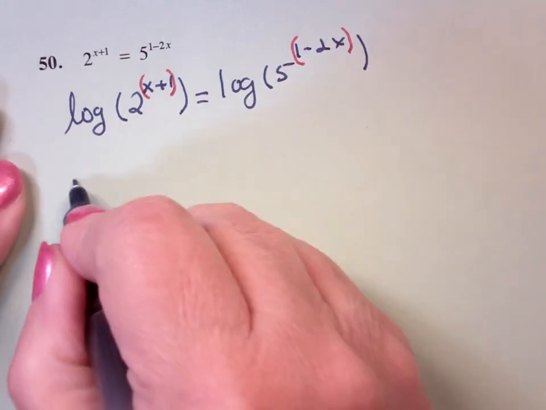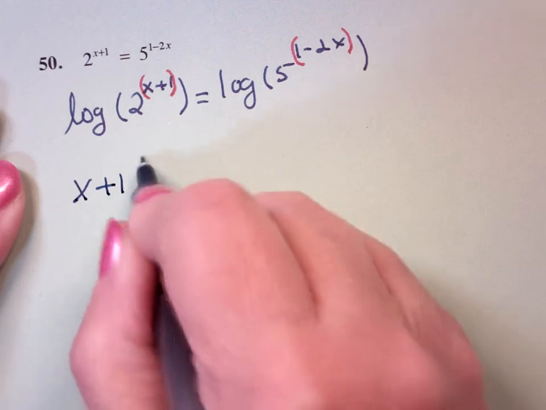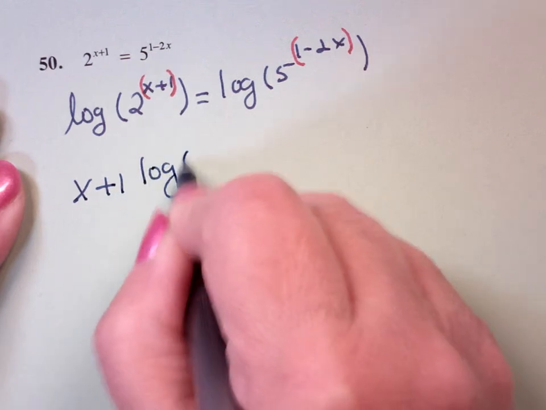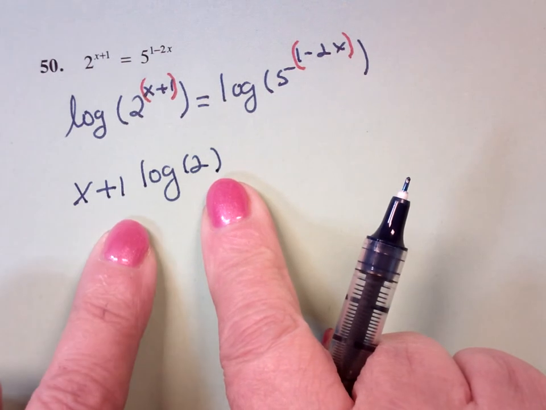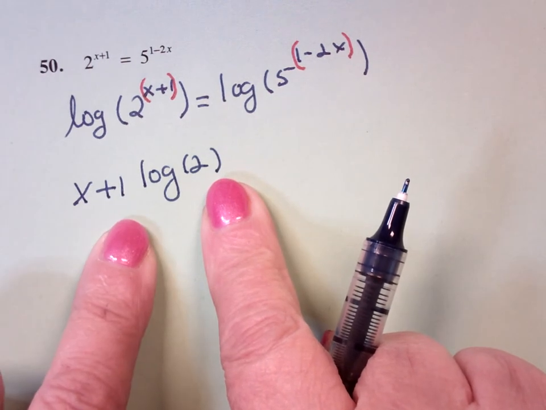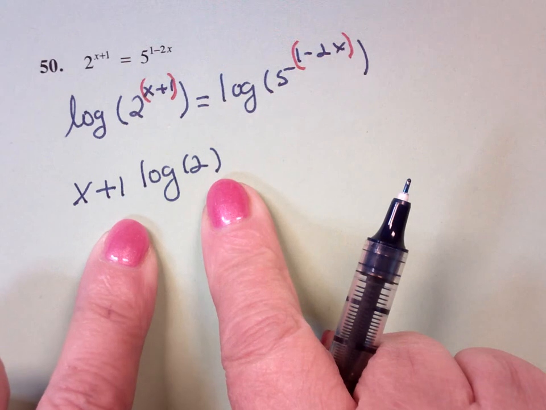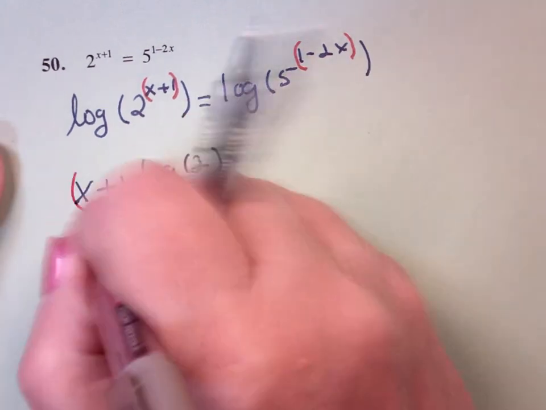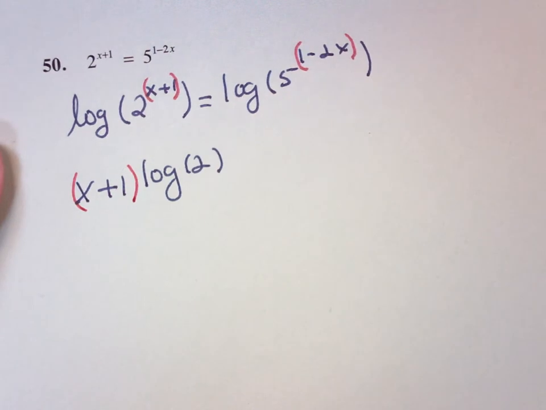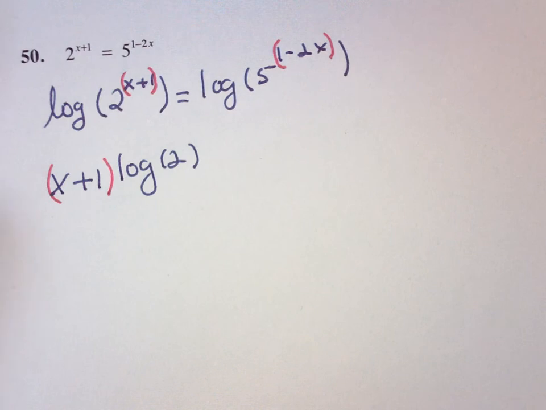If I were to just write this, what I'm saying is take x and add it to 1 times the log of 2. But that's not what it is. The exponent was x plus 1. So it's x plus 1 times the log of 2. That's what makes this particular type of problem so ugly.